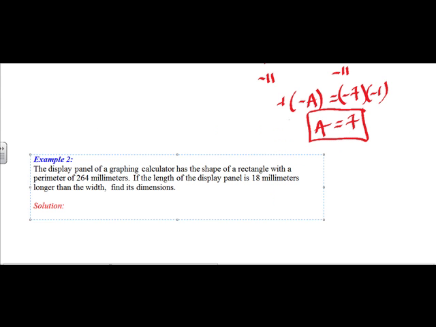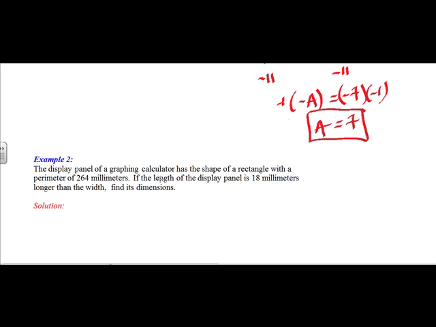Now look at another example. The display panel of a graphing calculator has the shape of a rectangle with a perimeter of 264 millimeters. If the length of the display panel is 18 millimeters longer than the width, find its dimensions. Step 1, they ask us to find the width and the length.